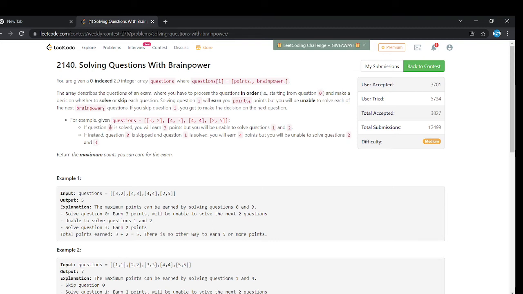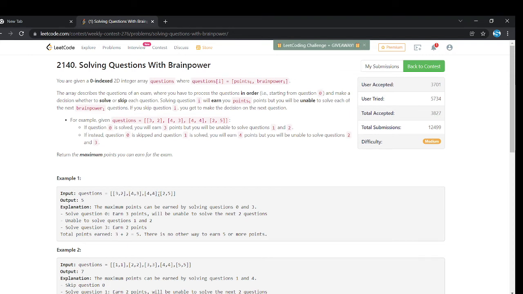Okay, so what they are saying here is, suppose we are given a list of questions: question 1, question 2, question 3, question 4. Suppose we try solving question 1 first. We achieve 3 points, right? But if we solve it, we won't be able to solve the next 2 questions.